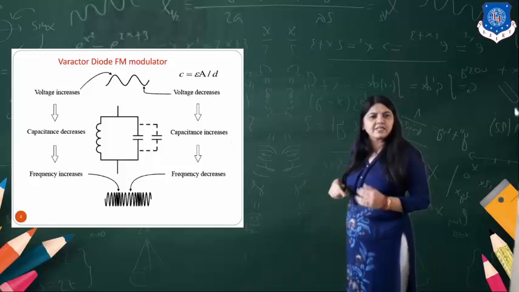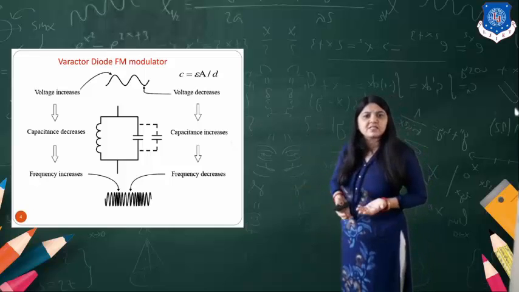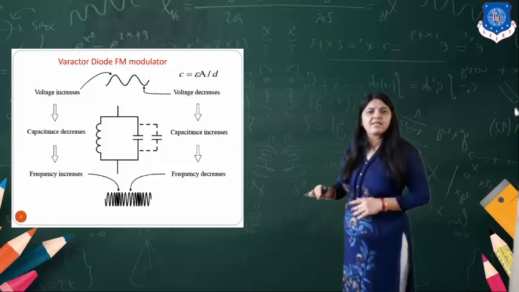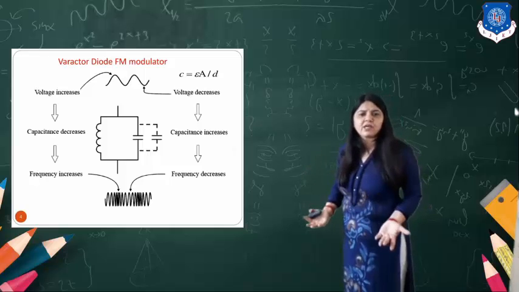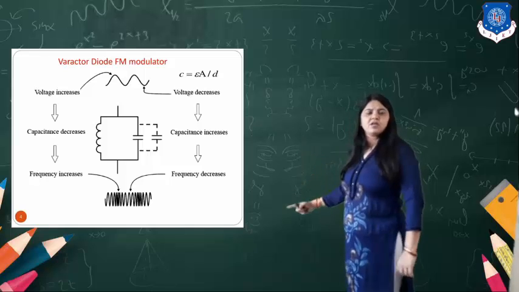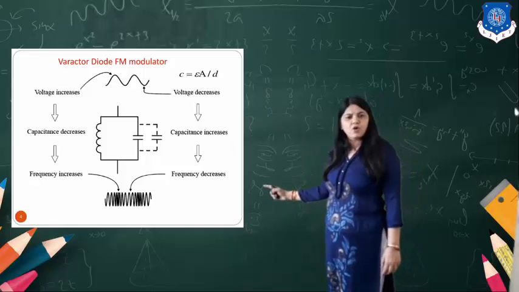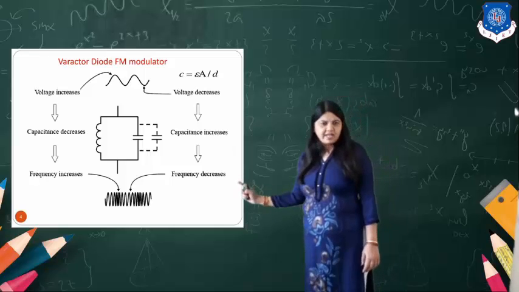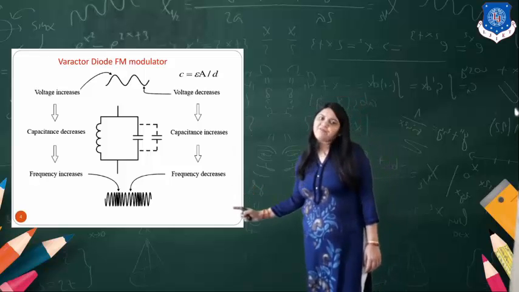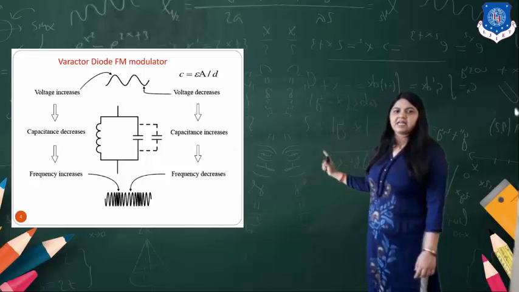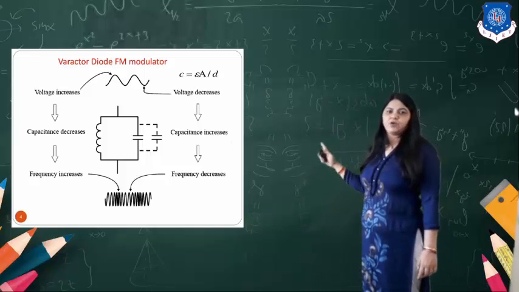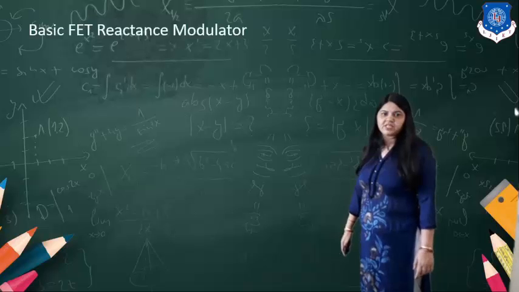Similarly, voltage increases, capacitance decreases, and when capacitance decreases, frequency increases. So by using the varactor diode FM modulator, we are able to generate the FM wave. So this is regarding the varactor diode FM modulator.